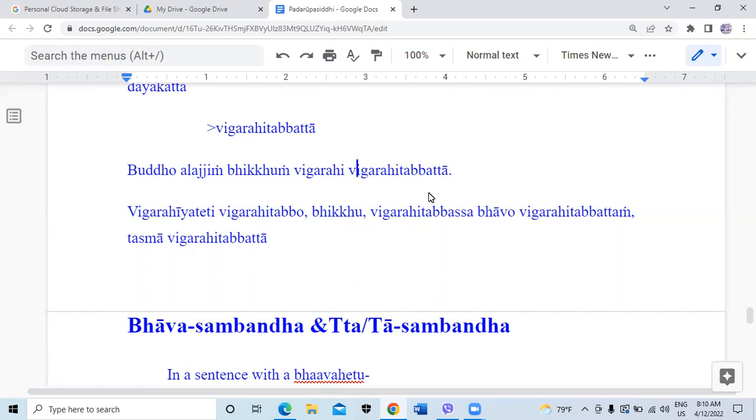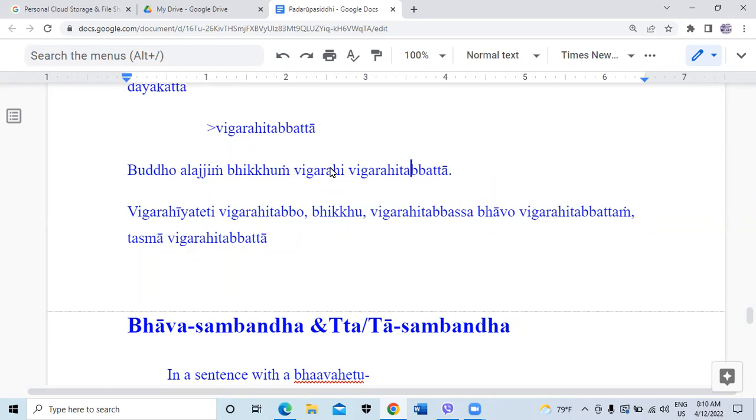So who should be blamed? The Buddha or this shameless monk? Okay, like this. So if we don't know the subject or object of this, our interpretation might be wrong.